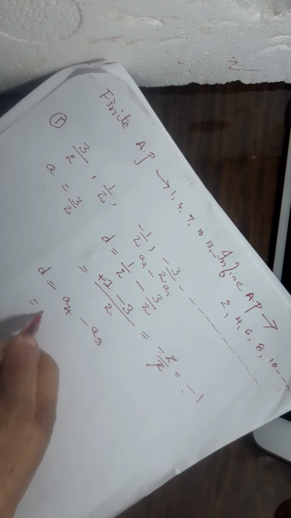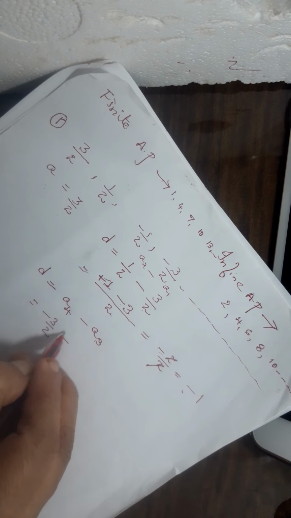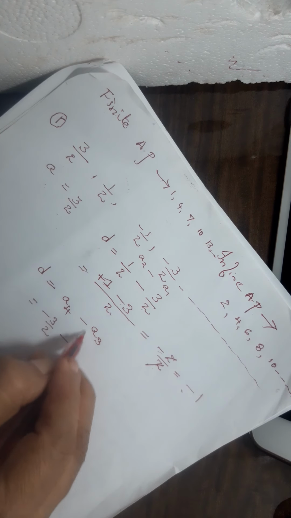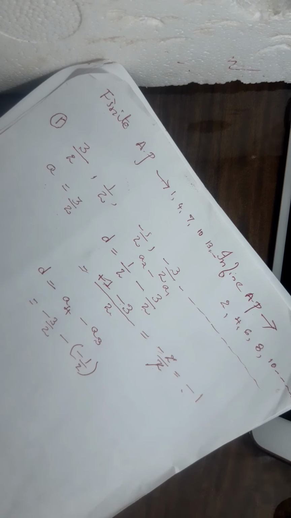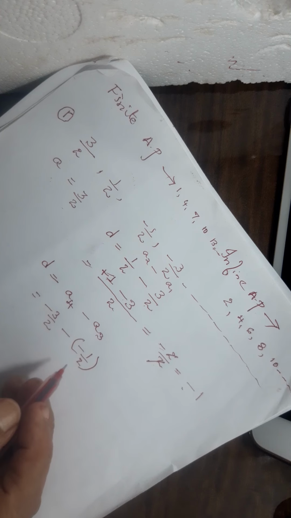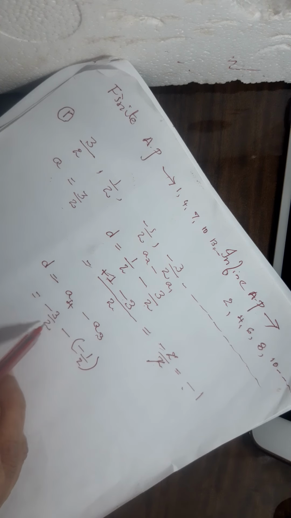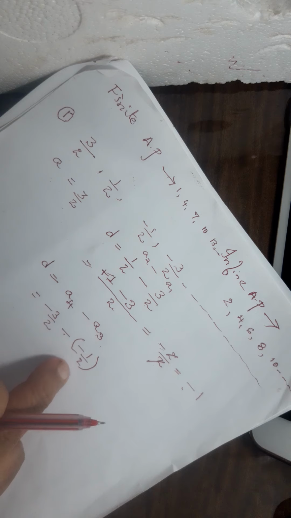Now what is A4? Minus 3 by 2. But what is A3? It is minus 1 by 2. You have to be very, very careful with the signs here. In 10th standard, you have to be thorough in all this. So, A4 means it is minus 3 by 2 minus, what is A3? Since it is minus half, I am putting it in the bracket.